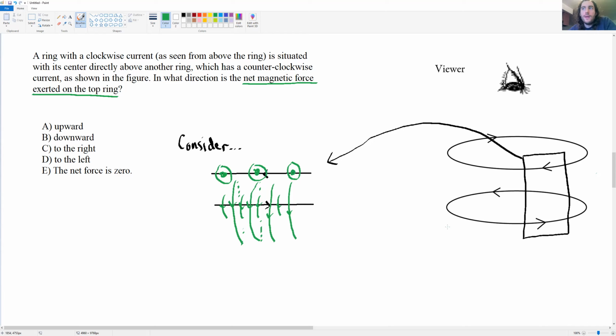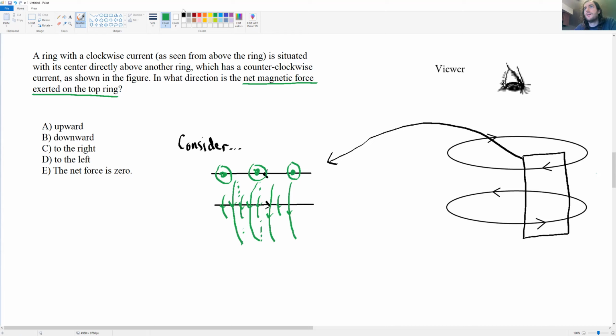So we can find the direction of the force on this wire by considering the moving charges in the wire, right? Current means we have moving charges. So if we have moving charges, those moving charges experience a magnetic force. It's QV cross B to get the direction.